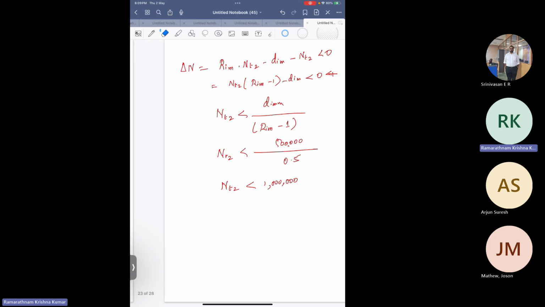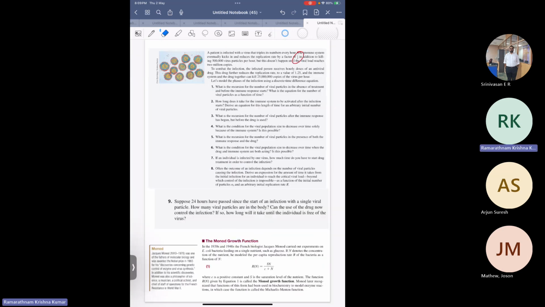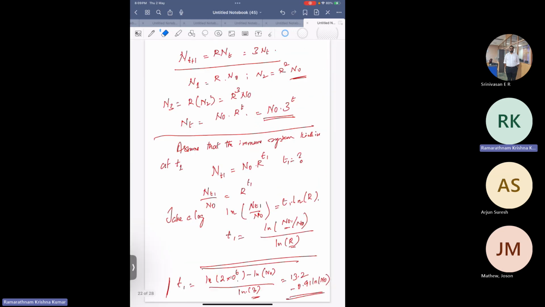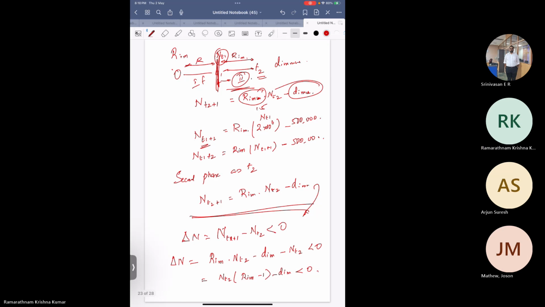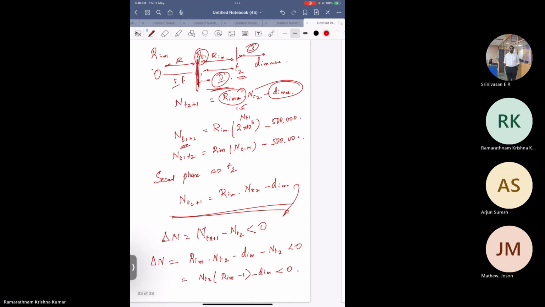Now, the fifth question. What is the recursion for the number of viral particles in the presence of both the immune system and the drug? Now, you are given the drug. Fortunately, there's a drug. Very simple. That's the third phase. So N(T3+1), because I'm adding another factor here.